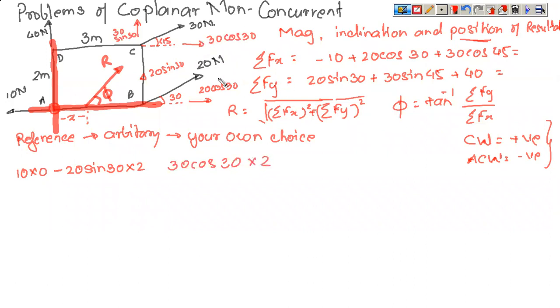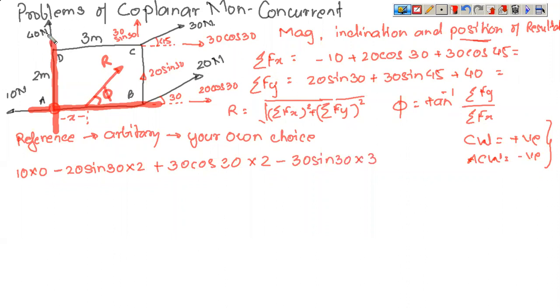Now how will this move so that by covering the shortest distance it approaches AB, because the distance was calculated with respect to line AB? It will be in the clockwise direction, so this is positive. Now 30 sin 30 is parallel to AD. Again, the distance is 3 meters. So this is 30 sin 30 into 3. This is minus because it will be anti-clockwise in nature.